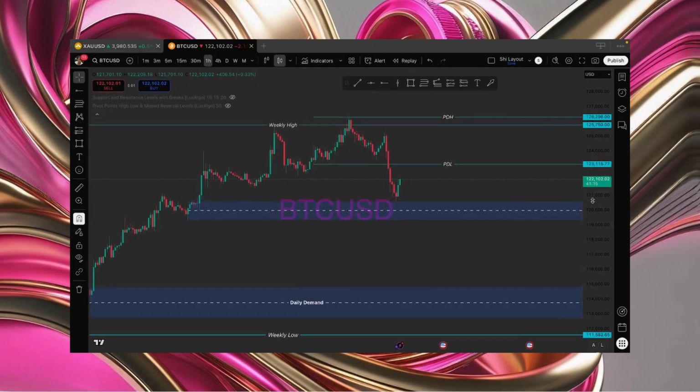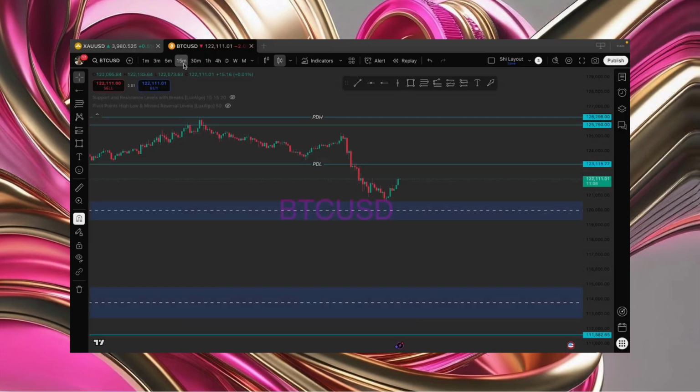So what I look for when I'm doing entries is a tap into this zone, a rejection followed by momentum. Okay, so from there I either enter on my 5-minute chart or my 1-minute chart if I'm scalping, but it's mainly like 1 minute for an entry, and then I like to hold the position and manage it on the 5 and 15, right?